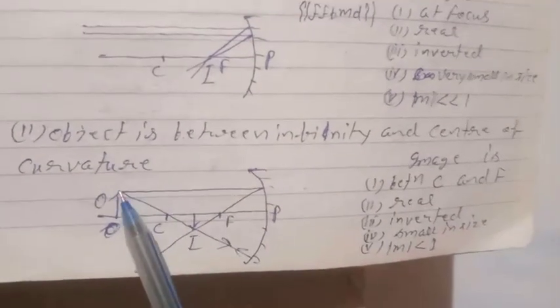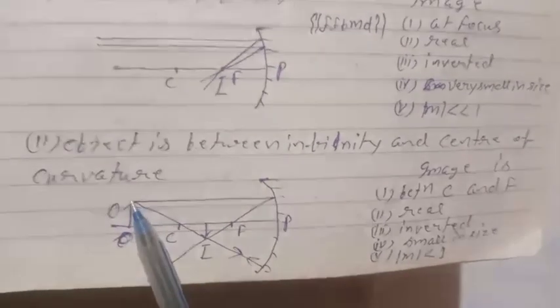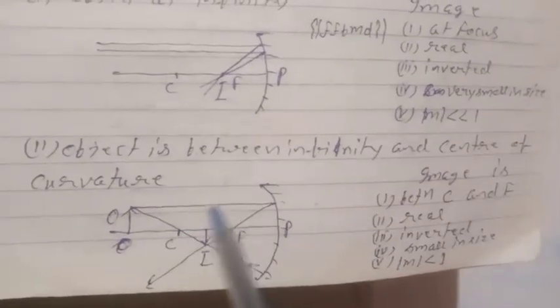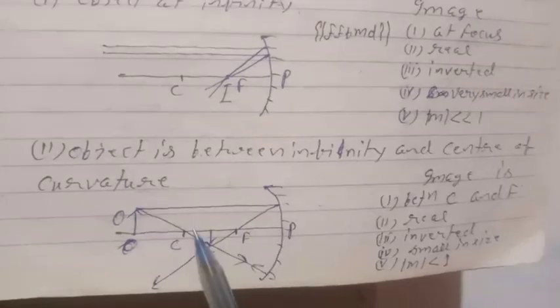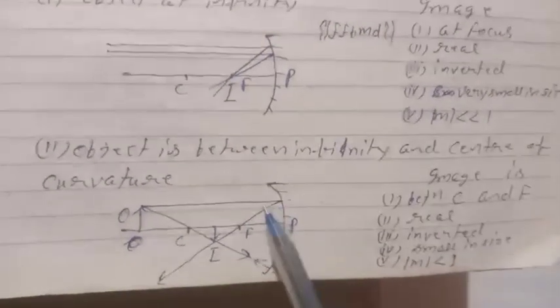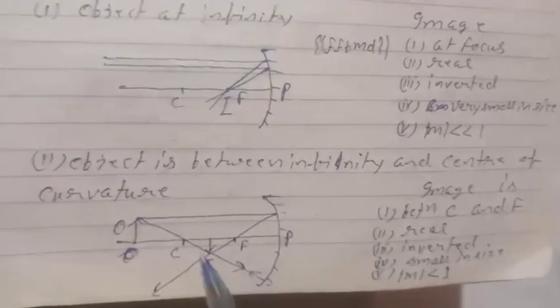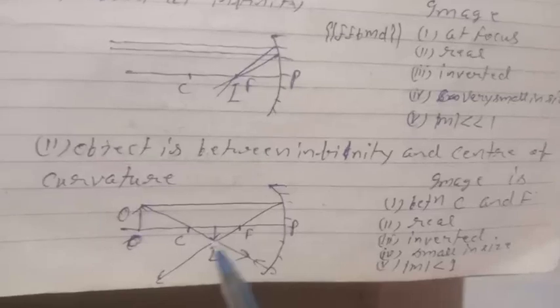To make an image, we should take two incident rays, one parallel to the axis and one going through the center of curvature. Then this ray after reflection goes through the focus, and this ray retraces its path, and the cutting point makes the image.